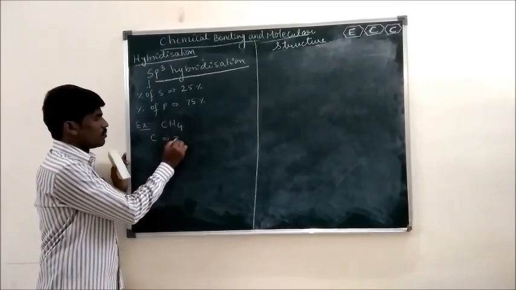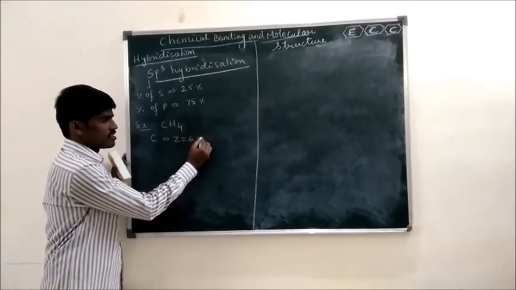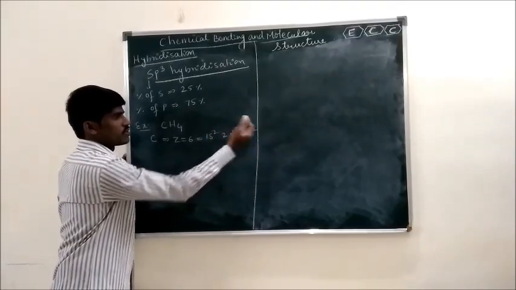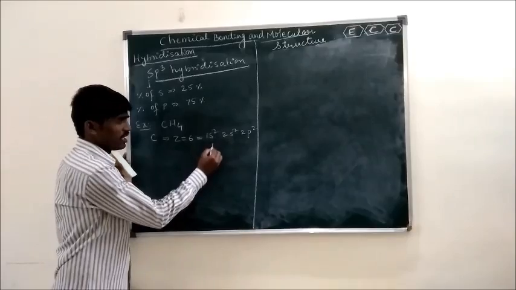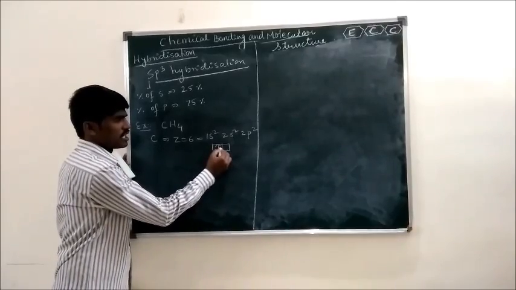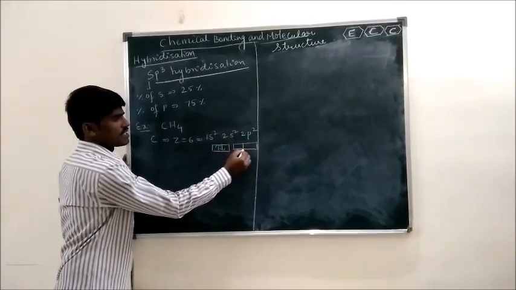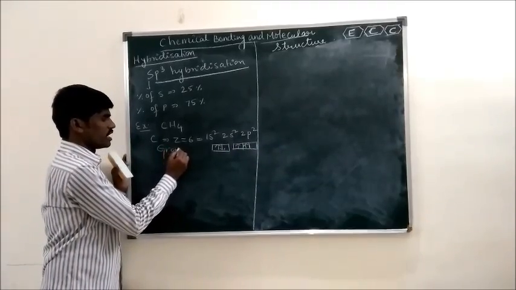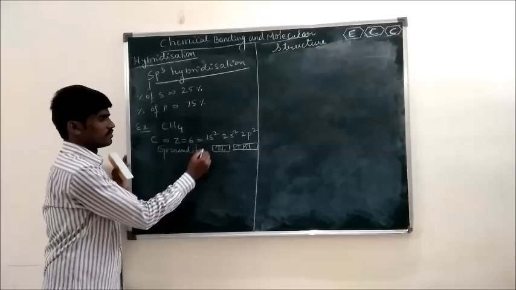In methane, carbon has atomic number 6 and electronic configuration 1s2 2s2 2p2, where 2s has 2 electrons and 2p has 2 electrons. This is the ground state configuration for carbon.